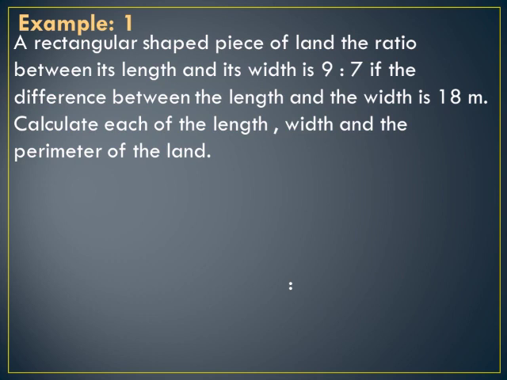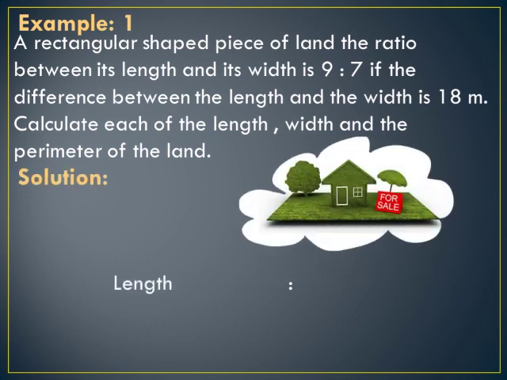Now we have the length. The ratio between length to width is 9:7, and we will add the word difference as in the example. It's very important to read all the words.